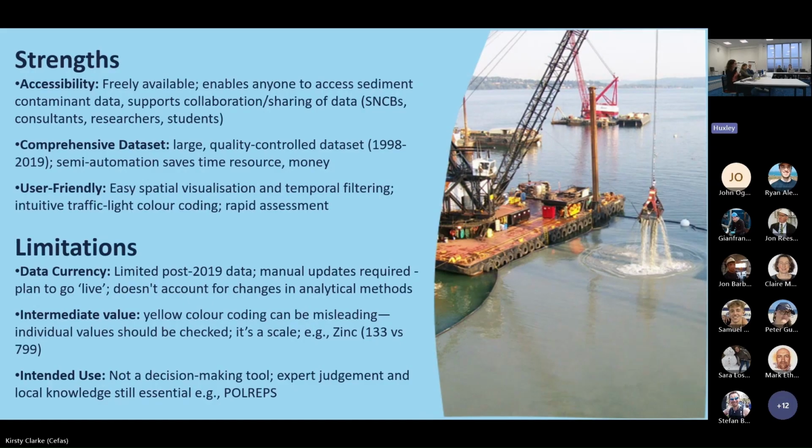But a result just below its action level 2 of 799 would be of concern, yet both of those results would be displayed as a yellow point on the app. So it could make the advisor a little bit complacent by just seeing the colour and thinking yellow means okay, when actually the intermediate value between action level 1 and 2 is a large scale. They are very, very different results that should be treated very differently.